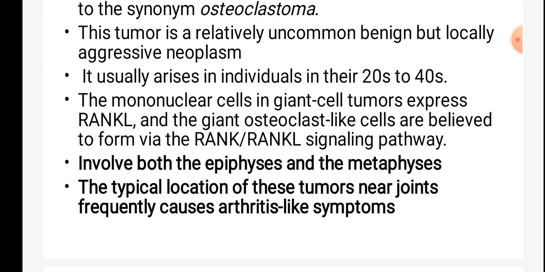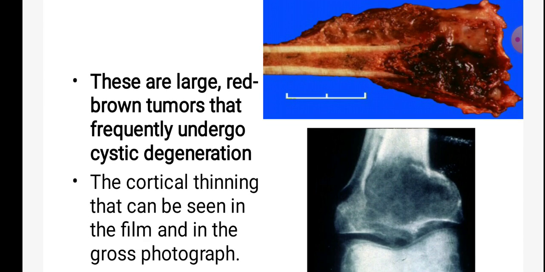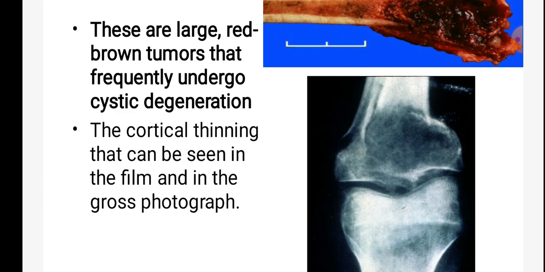So, an important clinical symptom here. These are large red-brown tumors that frequently undergo cystic degenerative changes. The cortical thinning can be seen in the film and in the gross photographs here.